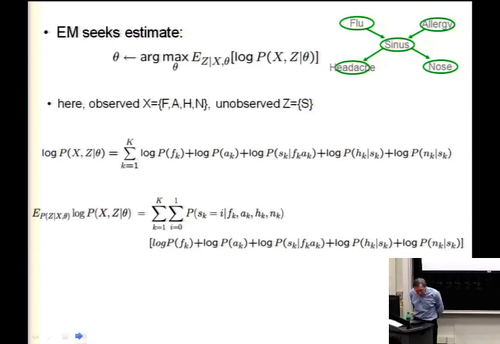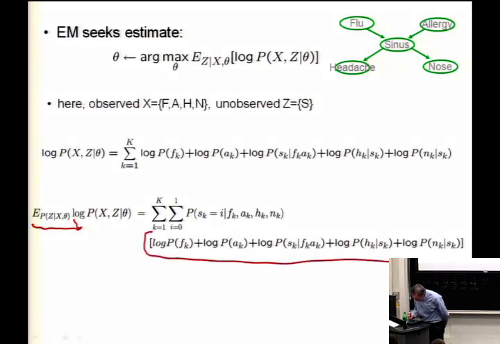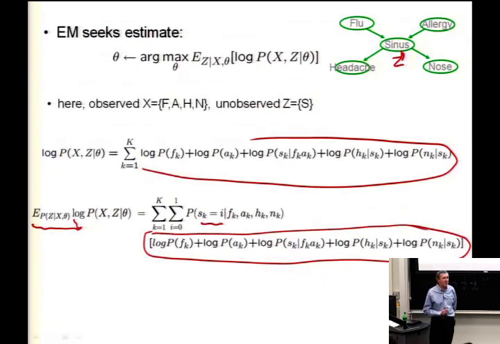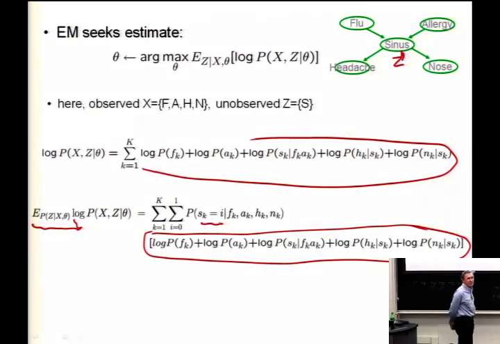And now when we want to take the expected value of that, what does that mean? Well, it's just like taking the expected value of anything. It just means we take that quantity that we had up here. But now, since we don't know the value for our unobserved S variable, we have to take a weighted average of that quantity for the case where S equals 1 and S equals 0, weighted by the probability that that's happening.